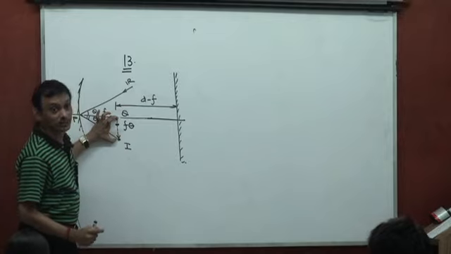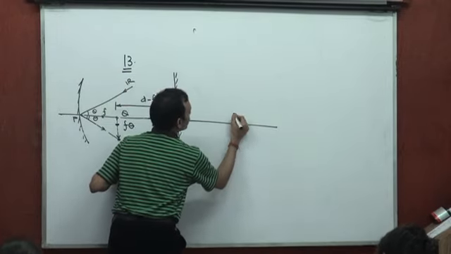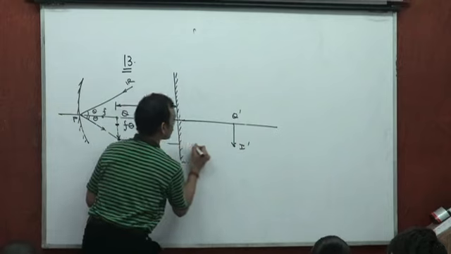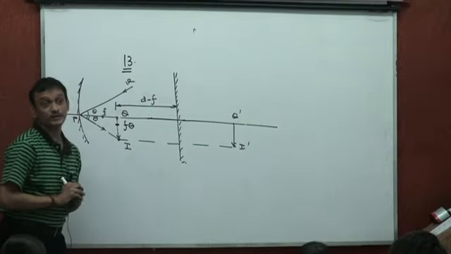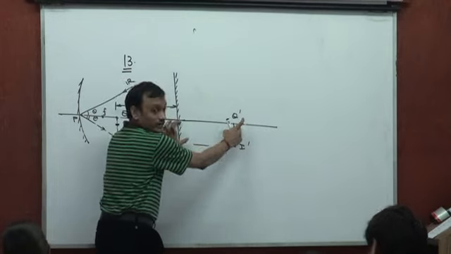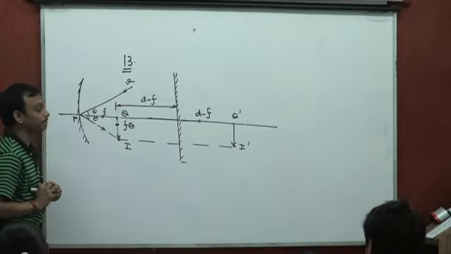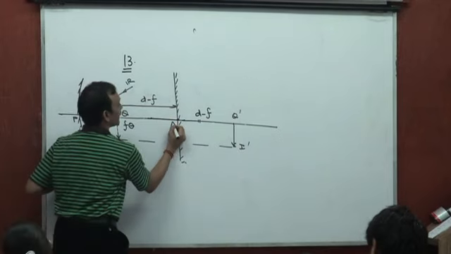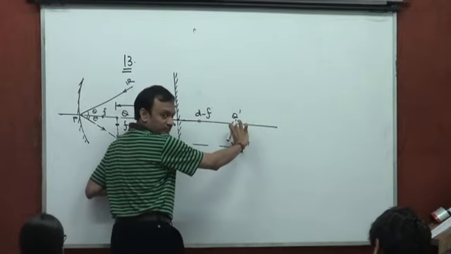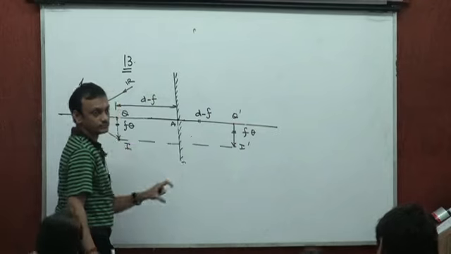The image of this object Qi would be Q prime I prime, formed by the plane mirror, such that object distance equals image distance. So this length will still be d minus f. Call this point A. AQ prime would be d minus f. And this length will still be F theta. Object size is image size for a plane mirror.